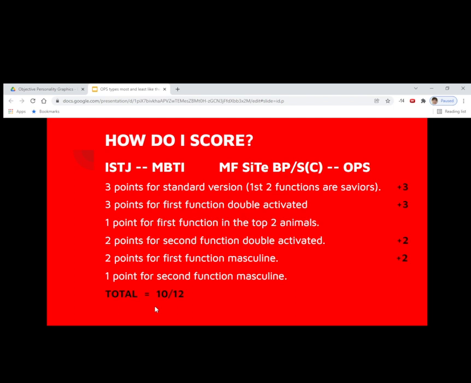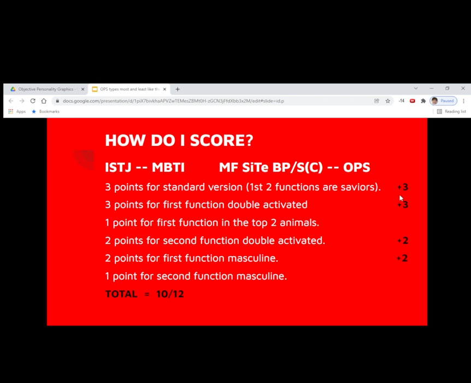I'm going to use my type here. So in MBTI, I'm an ISTJ. In objective personality, my full type is MF, SITE, blast, play, sleep, consume. So we'll run the scoring system with my type. So I get 3 points because I'm a standard version of ISTJ, the SITE version.